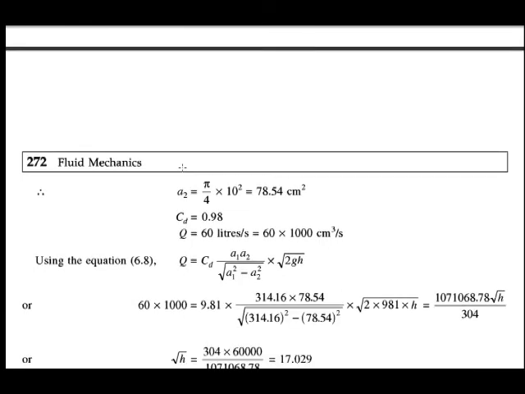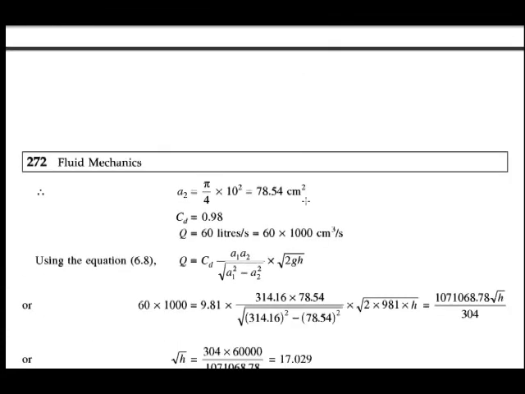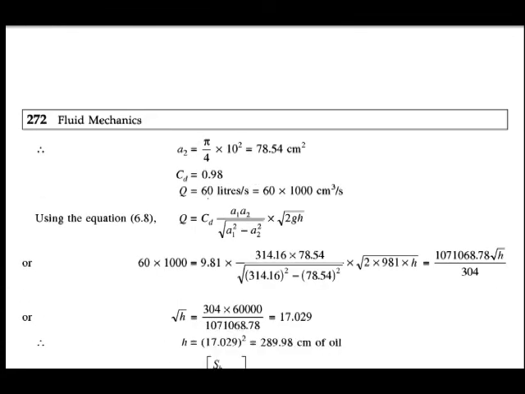Here first we have to calculate the area of both the sections. A1 is equal to pi by 4 into d1 square, which is equal to 314.16 centimeter square. Then the area at section 2 is pi by 4 into 10 square, which is equal to 78.54 centimeter square. Okay, then they have given the value of CD as 0.98, Q as 60 liter per second.